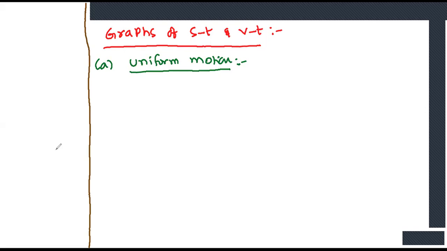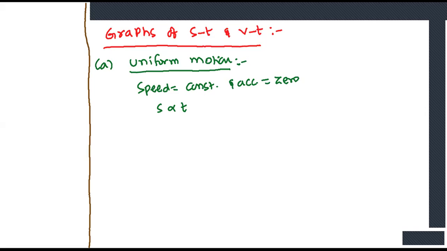So speed is constant and acceleration is equal to zero, such that displacement is proportional to time. S is proportional to t.